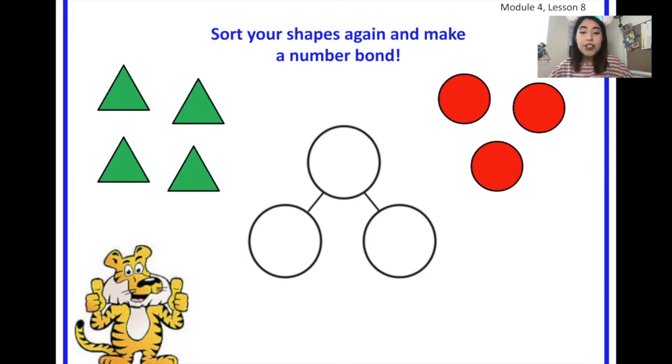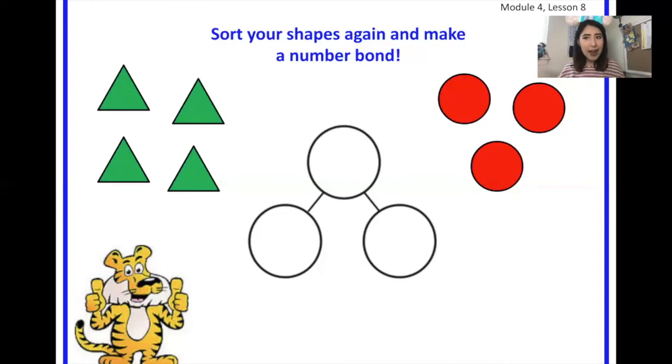What are the shapes? 4 shapes with only 3 sides and 3 points. What is that shape called? A triangle. Very good. What's a shape with no points? A circle. So take a look here.